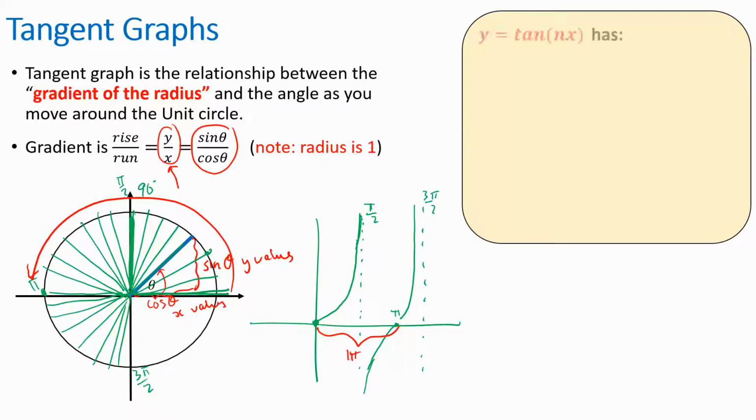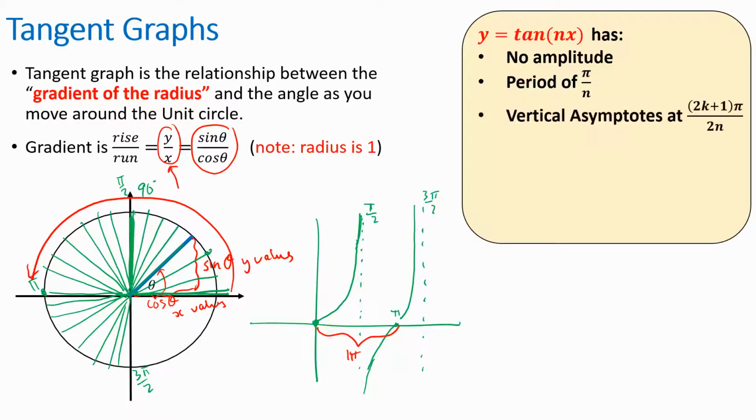So therefore, tan of nx, n being your dilation factor from your y-axis, you can look at the graph and already say there's no amplitude. Unlike sine and cos graphs, there was no maximum or minimum. There's no amplitude. The period now is pi times 1 on n, which is why it's pi on n. That's the reason why you got your period as pi on n.